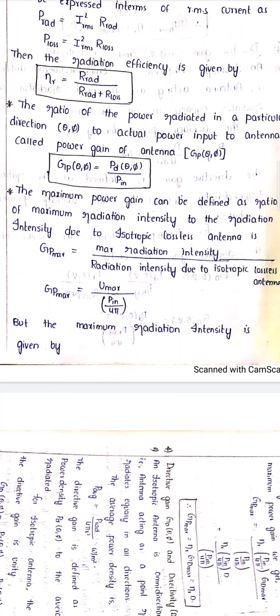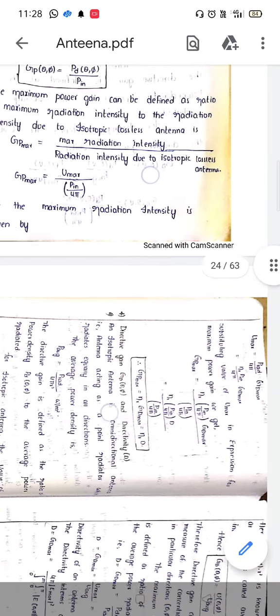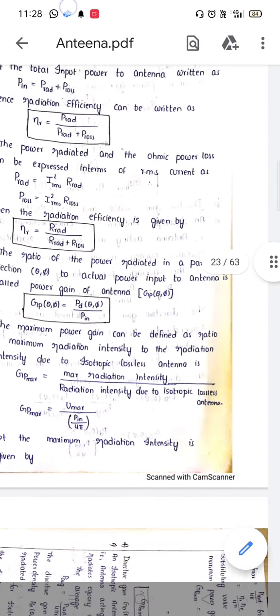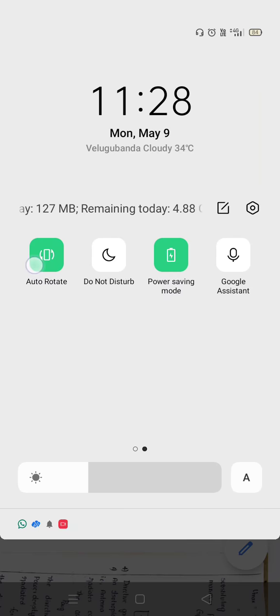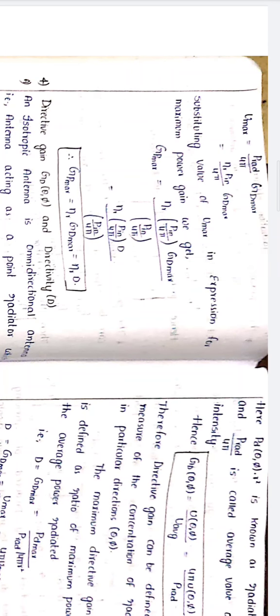But the maximum radiation intensity is given by U max, which is equal to P radiated by 4 pi into GD max.